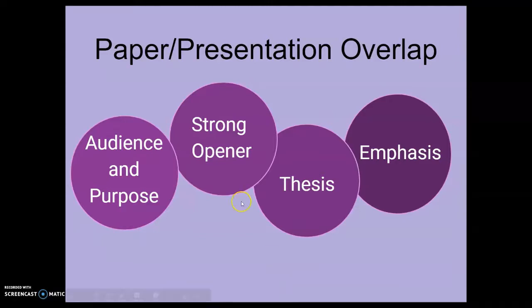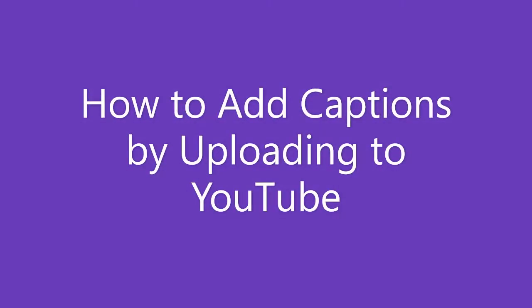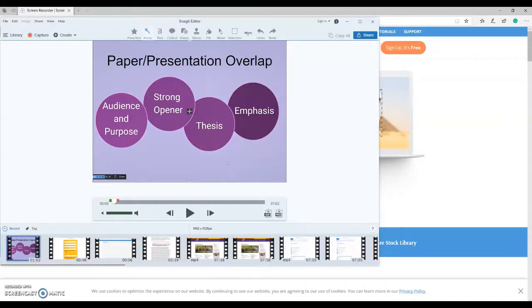One of the cool things about that is that you can also add captions. Let me talk to you about that for a minute. As soon as you've finished recording the video, it will automatically take you to Snagit Editor. Now, this is not a very powerful editor.